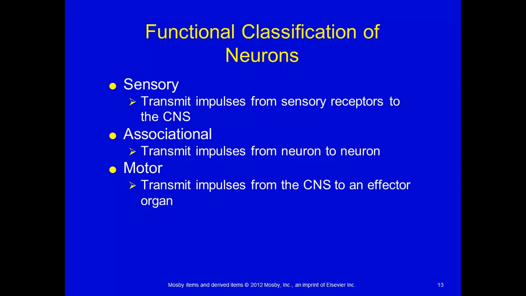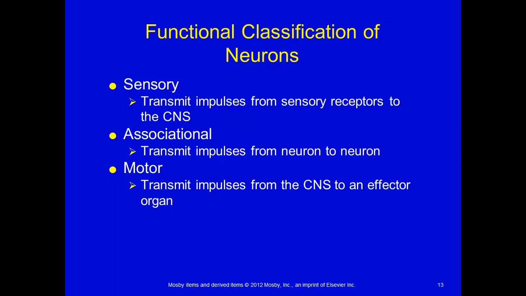Sensory neurons transmit impulses from the sensory receptors in our peripheral nervous system, on our fingertips, in our skin, in our muscles, and carry that information up to the central nervous system, the spinal cord up to the brain. Motor is the opposite, so it transmits impulses from the central nervous system, from the brain and spinal cord, out to an effector organ or an effector muscle.